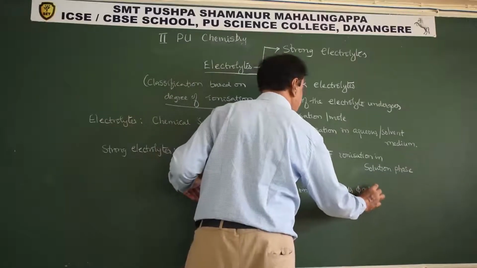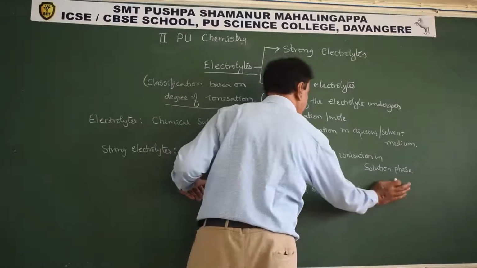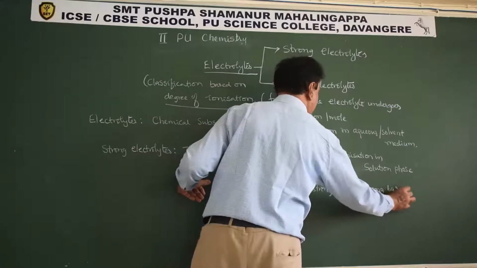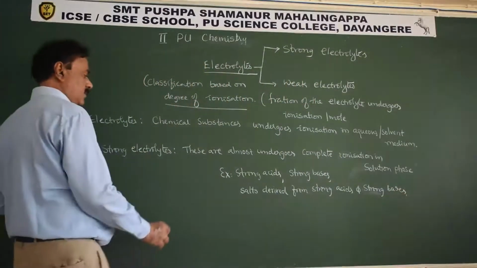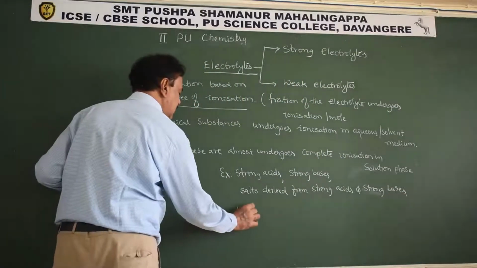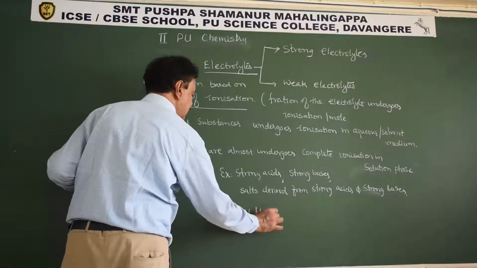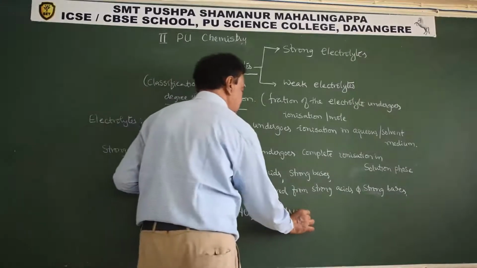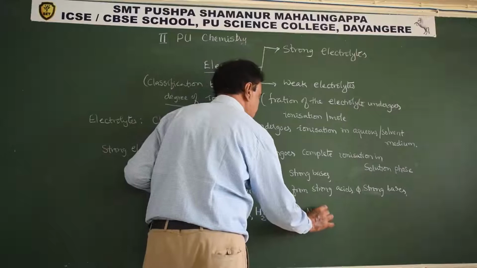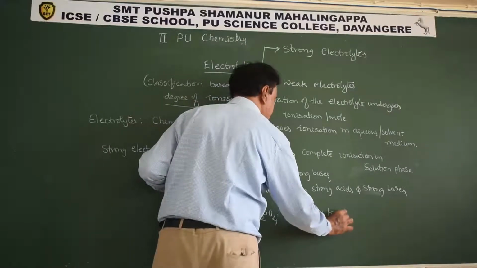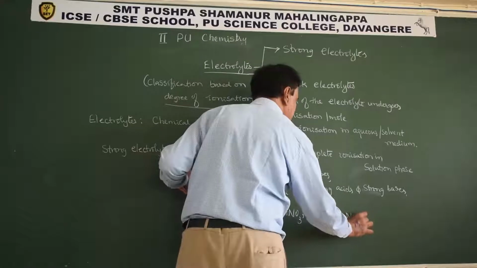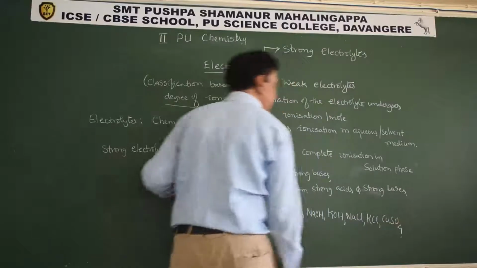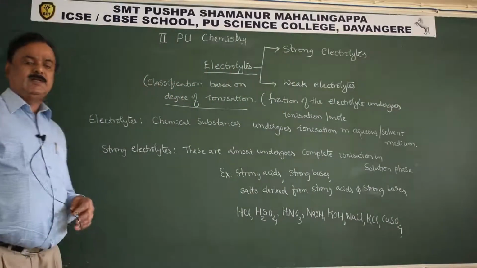Like HCl, H2SO4, HNO3, NaOH, KOH, NaCl, KCl, copper sulfate, etc. These are strong electrolytes.